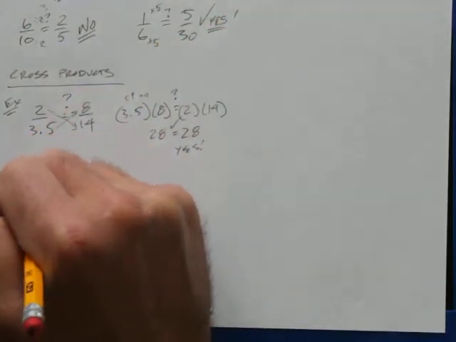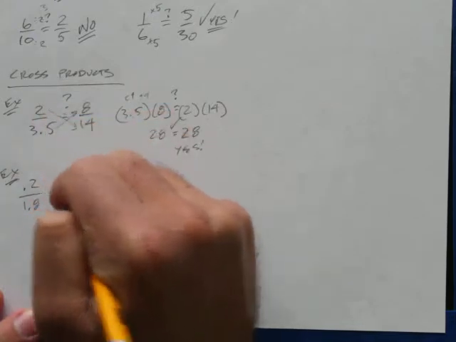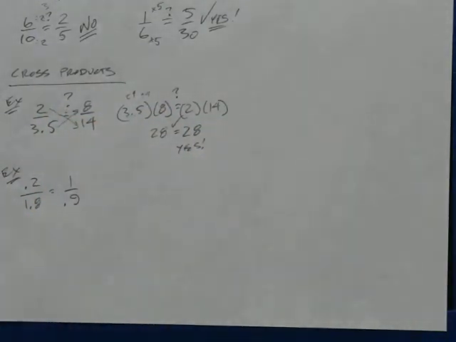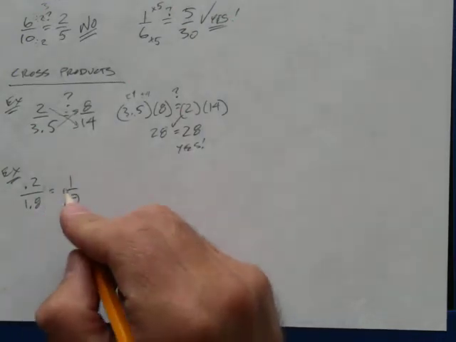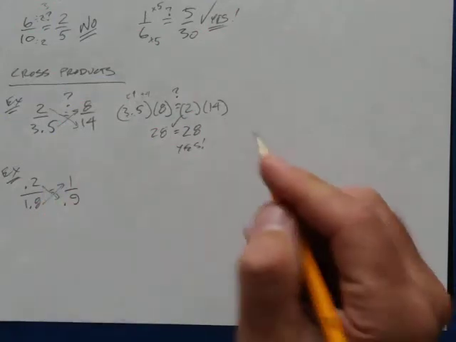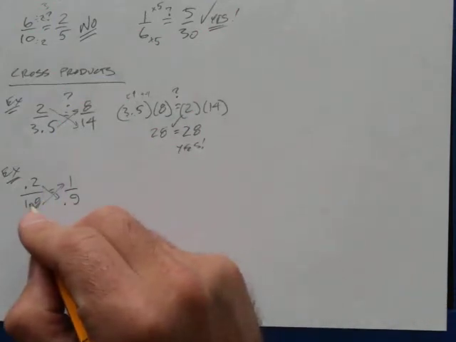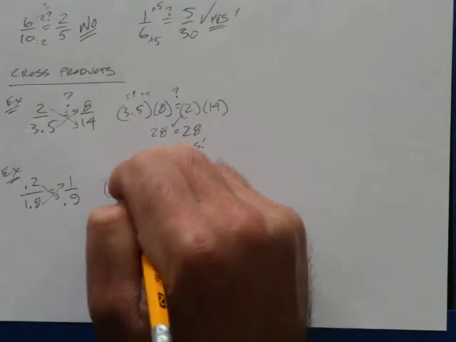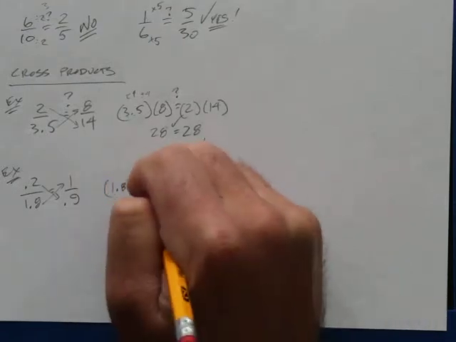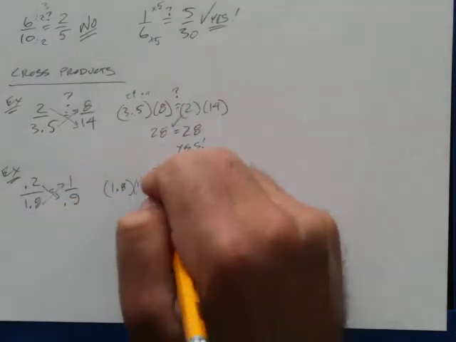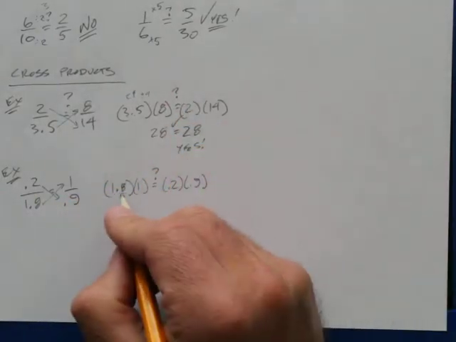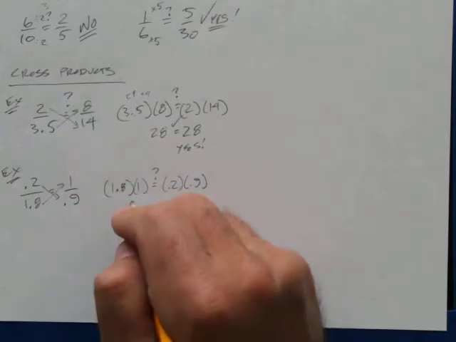Let's try another one. 0.2 over 1.8 equals 1 over 0.9. Gross. But let's try it. Let's use cross products here. So 1.8 times 1 equals, maybe, 0.2 times 0.9. 1.8 times 1 is 1.8.